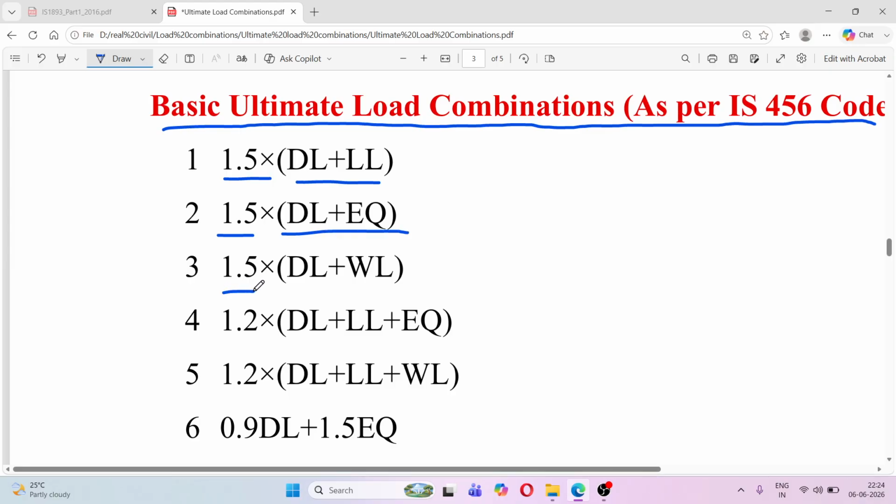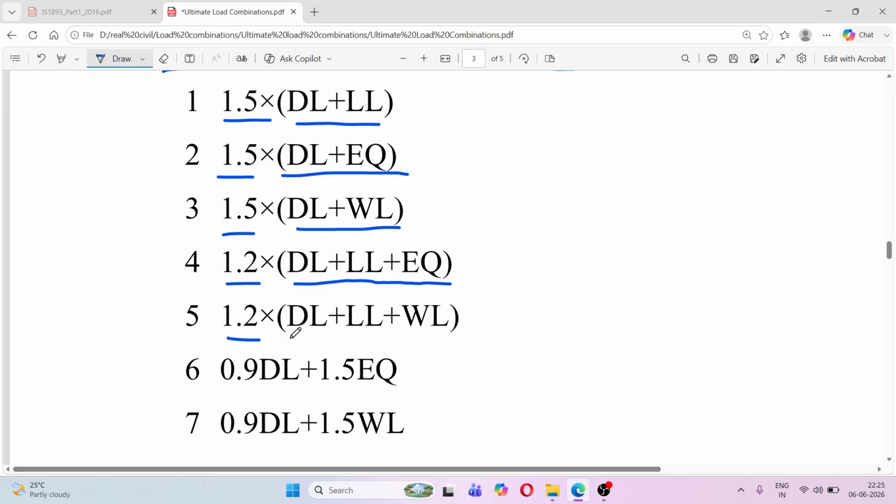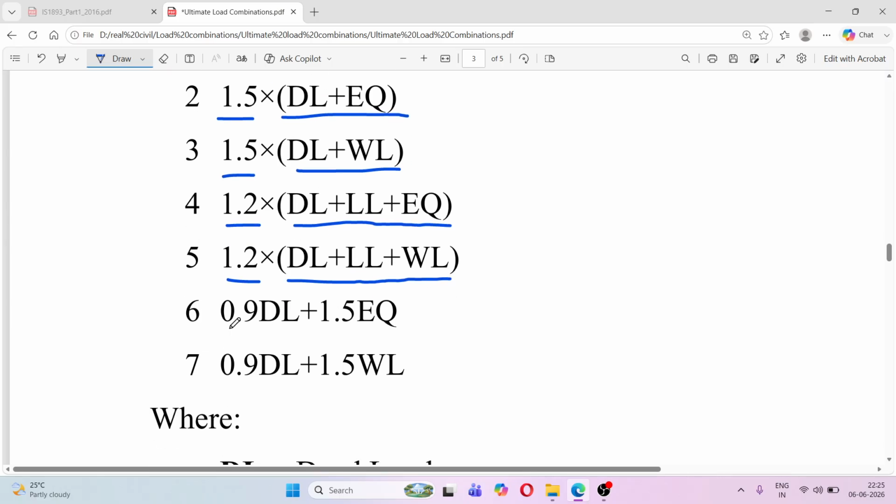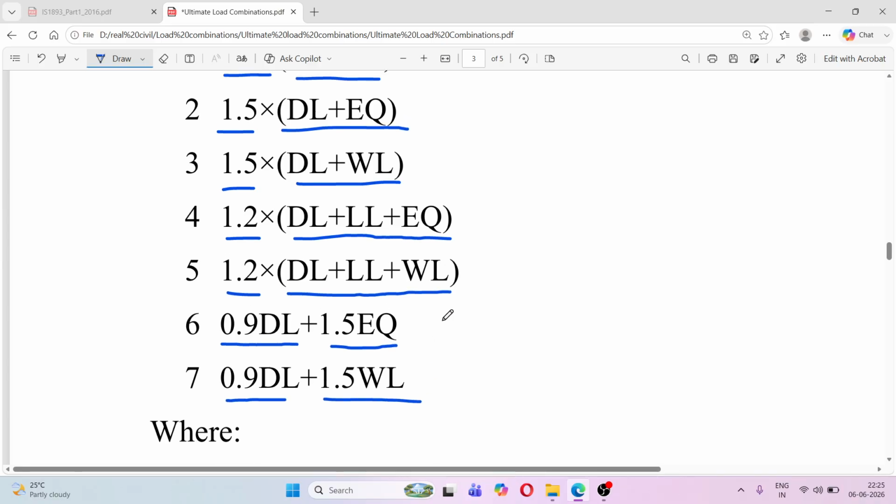Third case, 1.5 dead load plus wind load. Fourth case, 1.2 times dead load plus live load plus earthquake. Fifth, 1.2 times dead load plus live load plus wind load. Sixth case, 0.9 dead load plus 1.5 earthquake. And seventh case, 0.9 dead load plus 1.5 wind load.